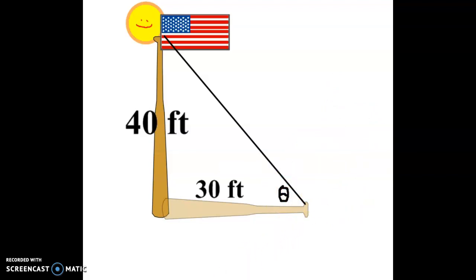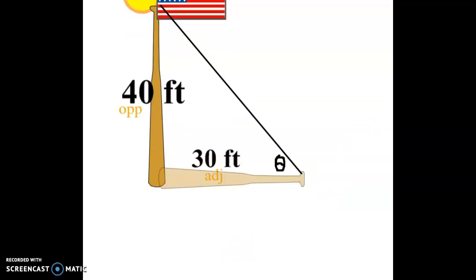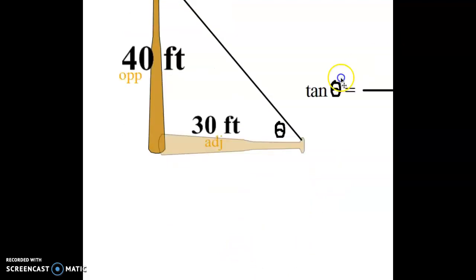Well, this happens to be the opposite side, and this side here would be the adjacent side, O and A. Well, guess what? O and A is tangent.